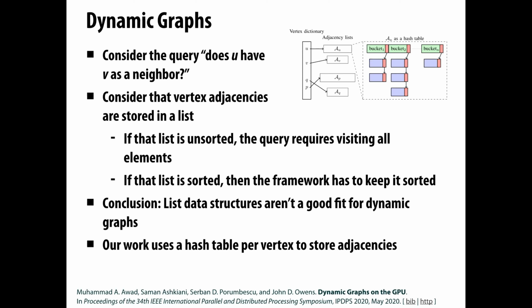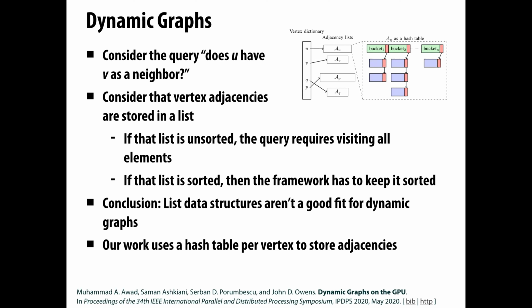Instead of storing the adjacency list as an unsorted list, I'll store it sorted. And then I can do a binary search in it. It's a much faster search. But then you have to always maintain this list as a sorted list. So as you're making changes in this list, you have to constantly keep it sorted. And that bookkeeping turns out to be very expensive as well.